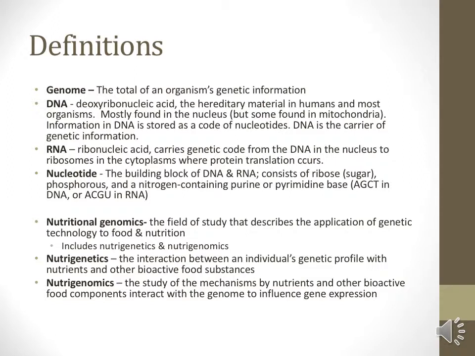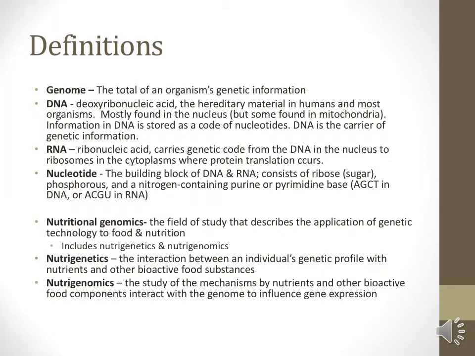So some other important definitions are nutritional genomics. This is a broad term that's referring to the field of study that describes the application of genetic technology to food and nutrition. So the term nutritional genomics is referring to both nutrigenetics and nutrigenomics. So nutrigenetics is specifically how an individual's genetic profile influences their requirement for specific nutrients or other bioactive substances.